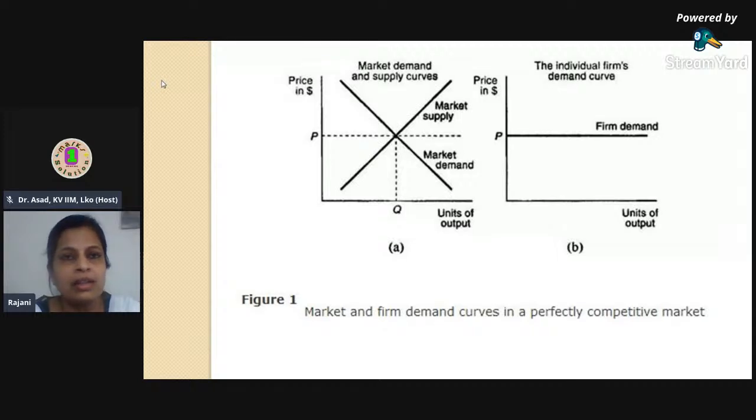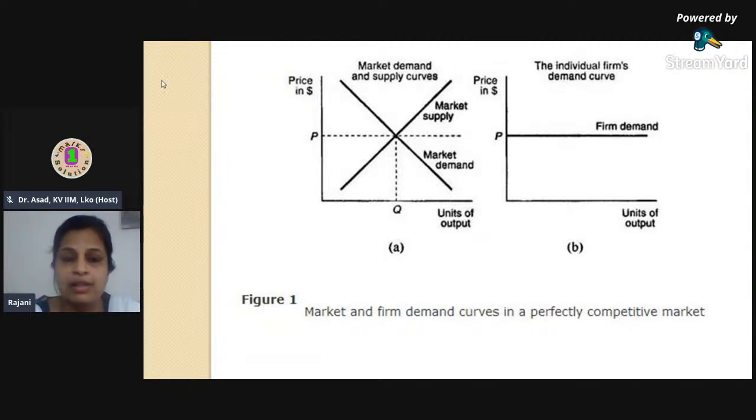First of all, we'll go to perfect competition. The word itself suggests there's perfect competition behavior, and in perfect competition, as the name suggests, all products are homogeneous, standardized products. There is not much difference in the products.